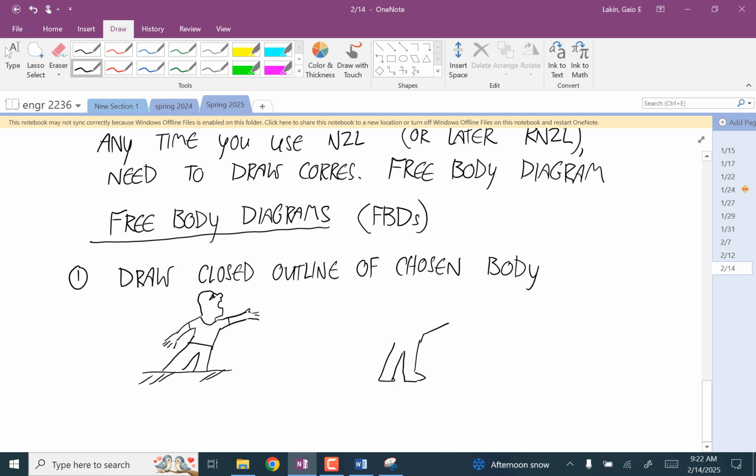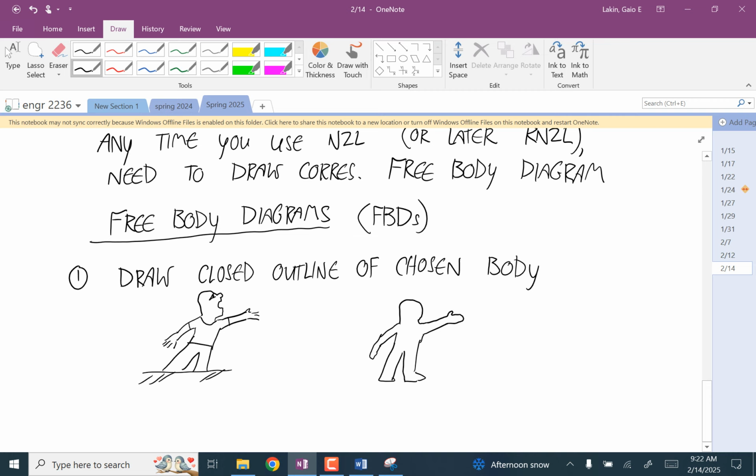You don't have to be an artist or anything, but I'm trying to make an important point here. So this is a closed outline, okay? And there's no internal details of what's going on.